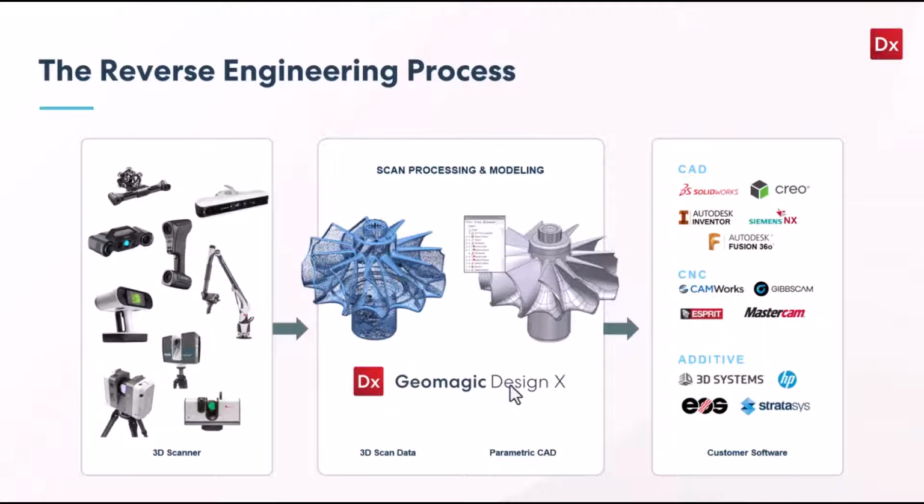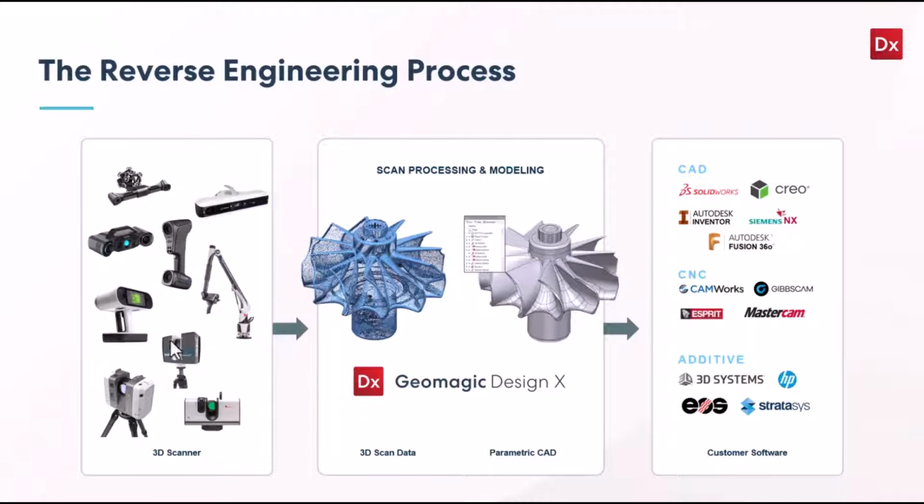It is a software that can work with 3D scan data from a variety of different inputs from different devices like these over here on this side, from structured light scanners to laser to handheld laser structured light scanners, time of flight scanners, CT scanners even.